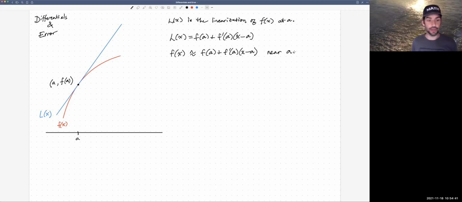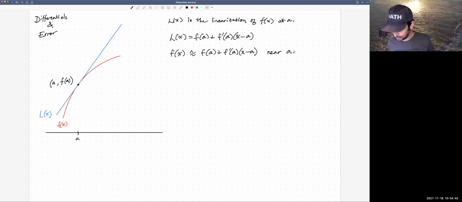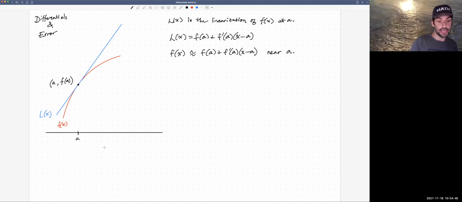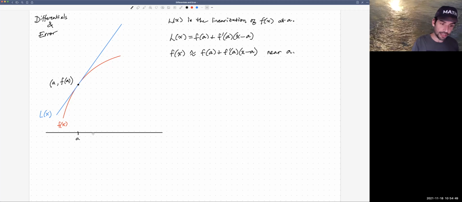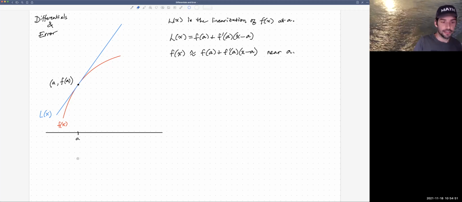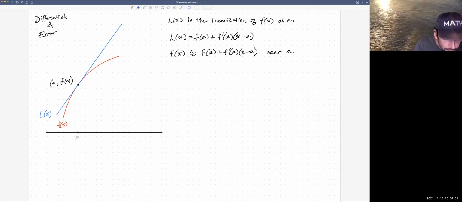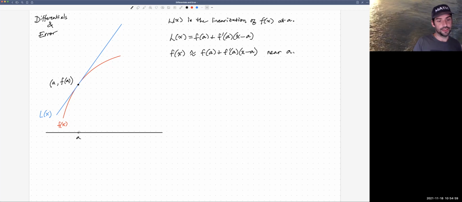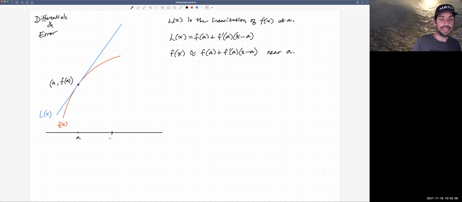So now we're going to consider this approximation a little more closely. Imagine using this approximation. Now I'm going to exaggerate this picture a little bit. So there's a. And let's imagine we put in a value near a.